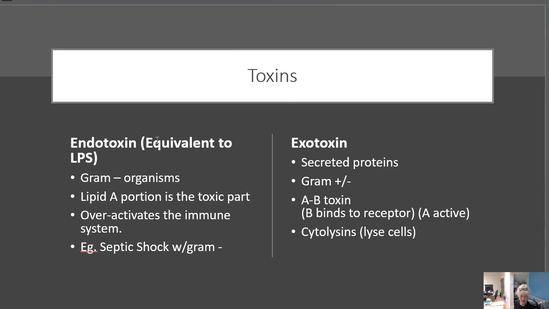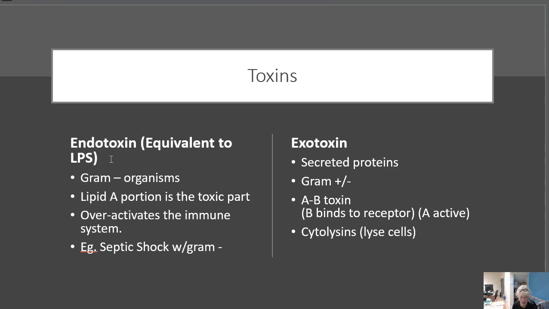Some of the toxins. The endotoxin is equivalent to the lipopolysaccharide capsule. So when you think endotoxin, think N for gram-negative, because it's the lipopolysaccharide capsule that makes gram-negative bacteria kind of nasty.